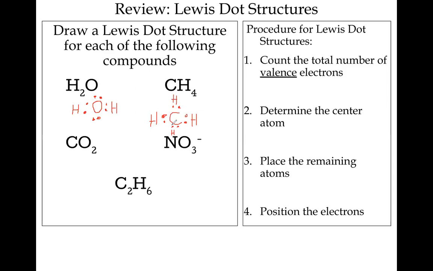Then what about carbon dioxide? Well, carbon, again, has 4 valence electrons. Oxygen has 6, but there are 2 of them. So that's 4 plus 6 times 2, or 4 plus 12, or 16. I'm going to draw carbon, and we're going to make it double bond to oxygen.